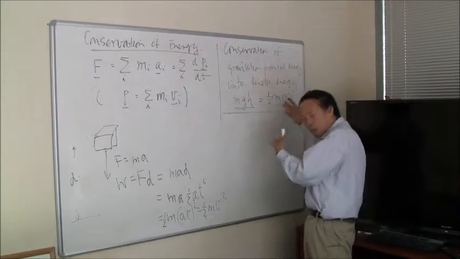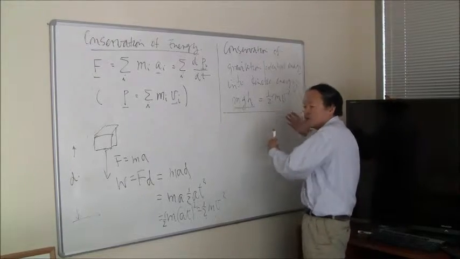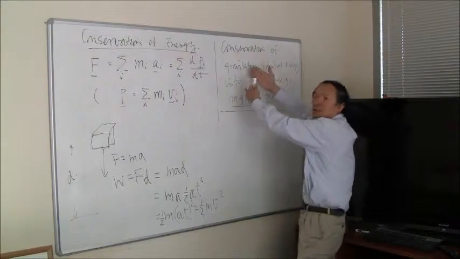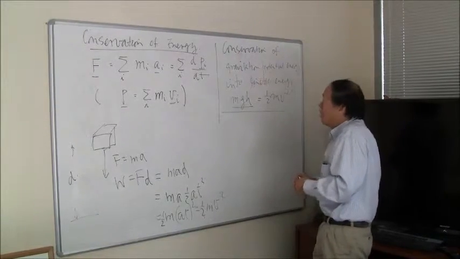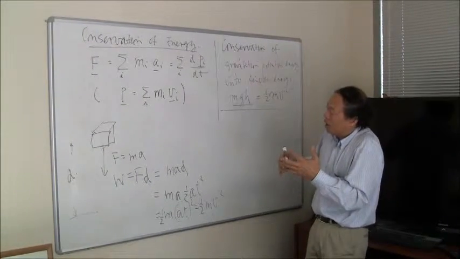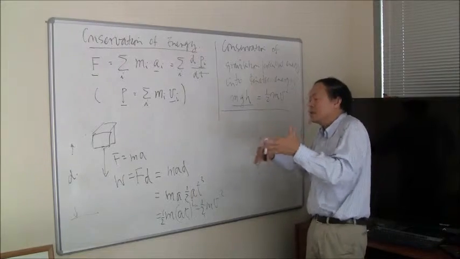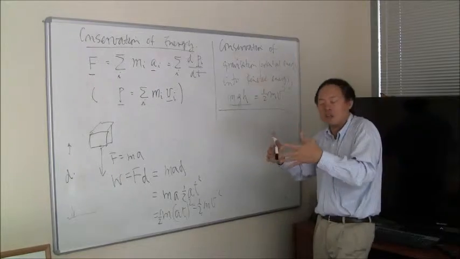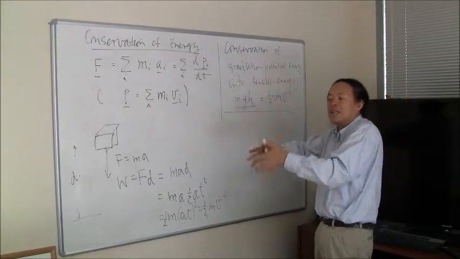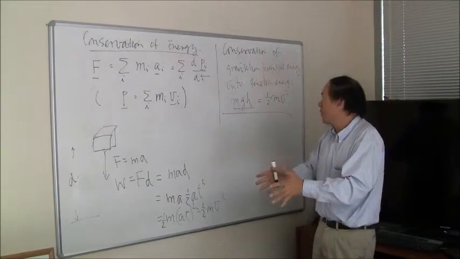Therefore, that would also give you the conservation of, say, electric potential into kinetic energy. Then you can talk about conversion of electrical energy into gravitational potential energy also, but that is just having the kinetic energy in between.